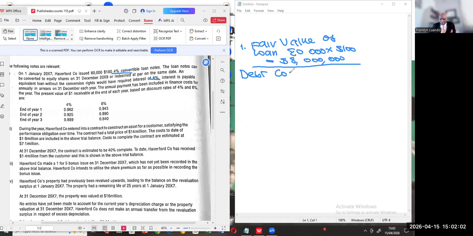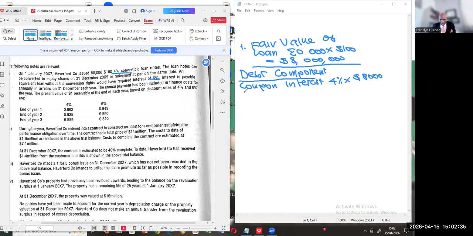Debt component will start with the coupon interest, 4%, or we can use thousands instead of million to make our work easier.